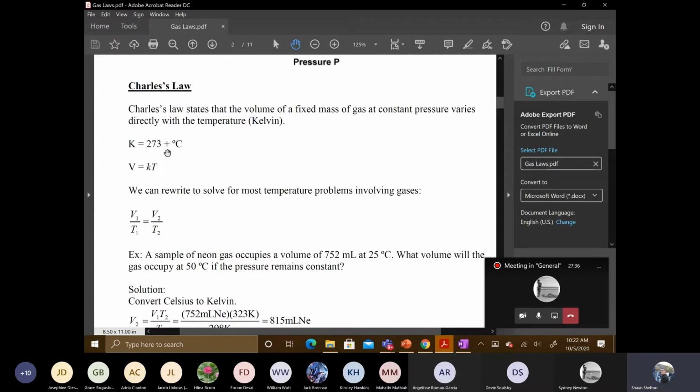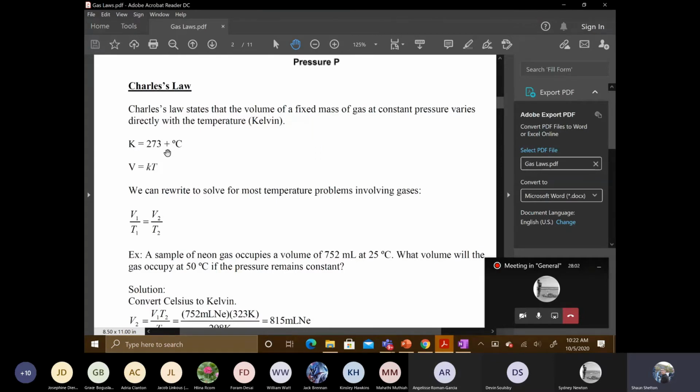So make sure you make a note of that right now, please. Now, the other thing is volume. You can work in milliliters, you can work in liters. You're going to see in the next lecture where we talk about the ideal gas law, the ideal gas law is very specific with the units. But for here, we really need to make sure that your temperature is in Kelvin.